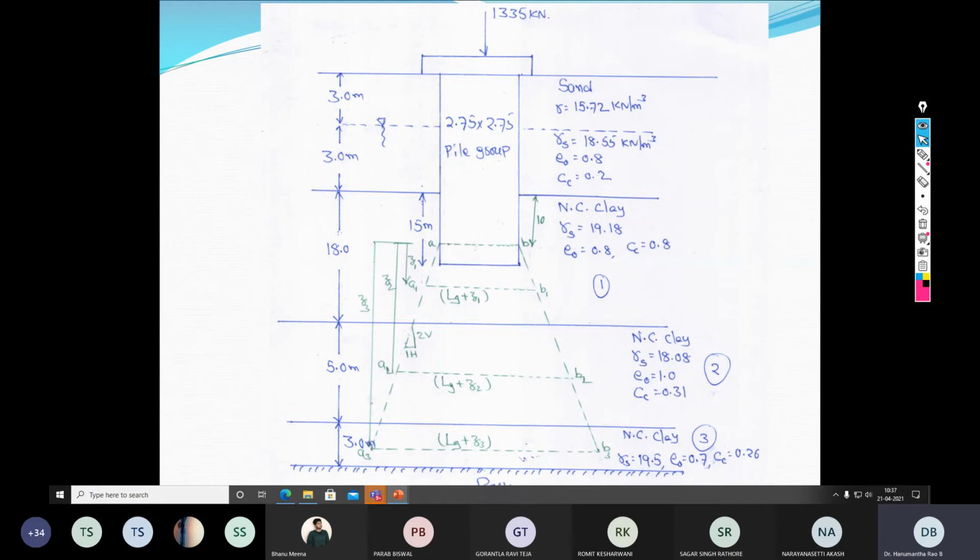At the bottom of layer number 4, rock strata exists. So you are asked to calculate the pile group consolidation settlement.